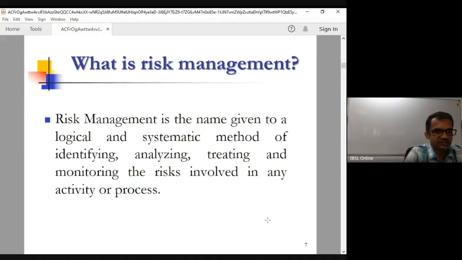So generally, what I wanted to highlight is that everyone is responsible for risk management.